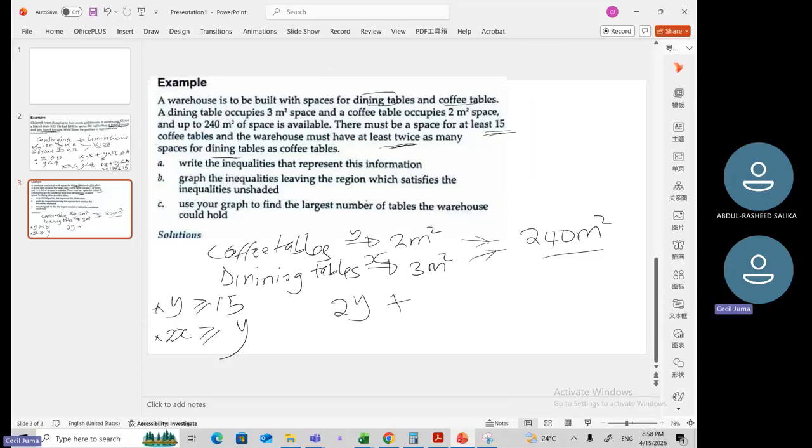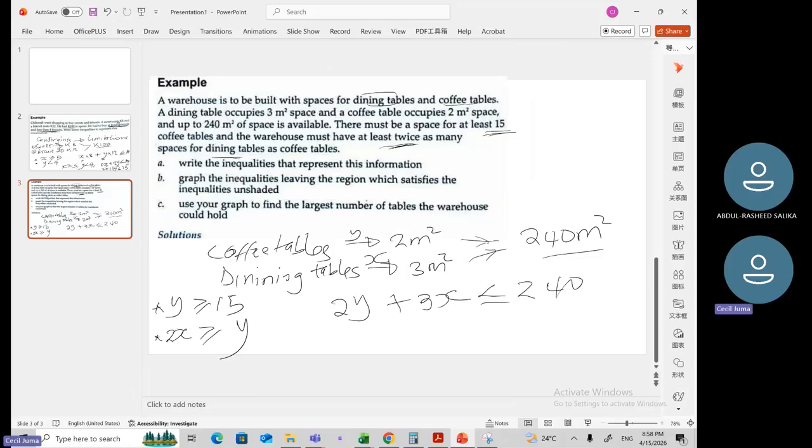X represents the number of dining tables. If you multiply the number of dining tables by the space they occupy, it will be 3x. Whatever you have should be less than or equal to 240.